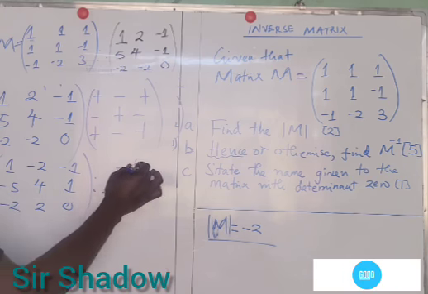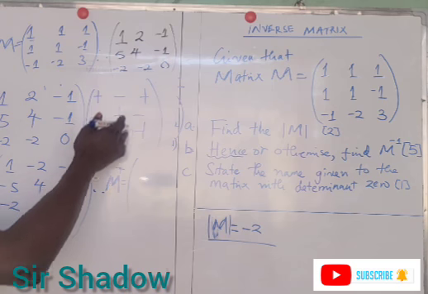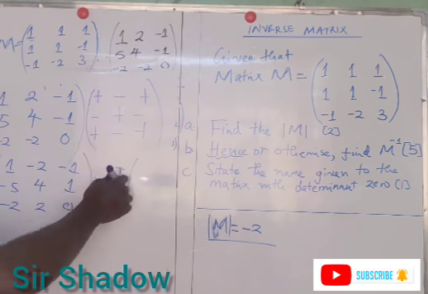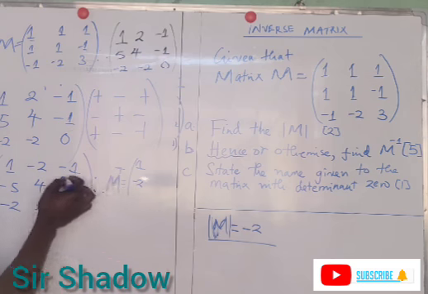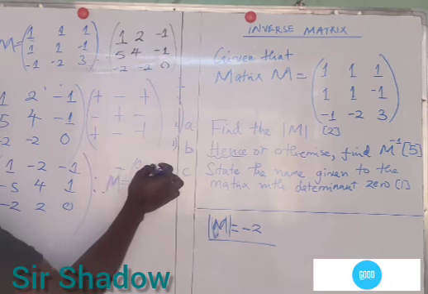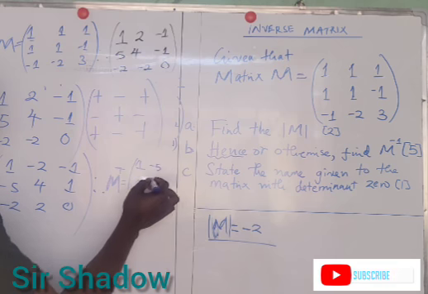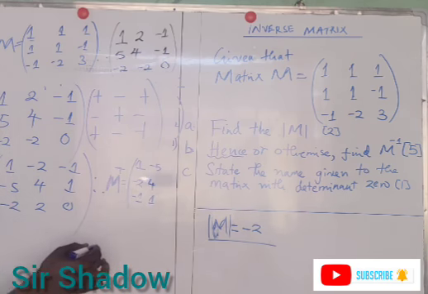So instead of writing 1, minus 2, minus 1 as a row, we change them into columns. So we have a 1 here, a negative 2 here, a negative 1 here. Then we have a minus 5 here, a 4 here, a 1 here.